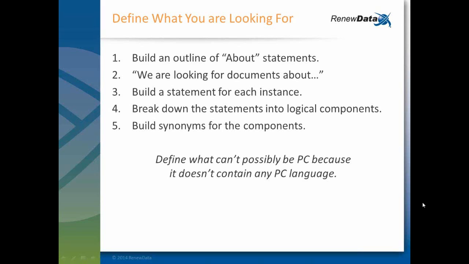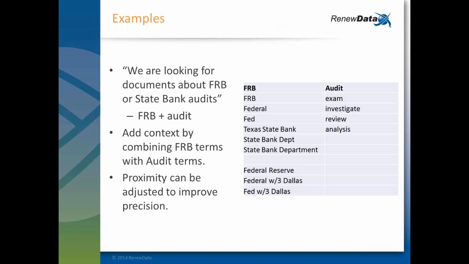But the precision of what you're doing is also very important because you don't want to get bogged down with a lot of false positives: documents that don't really talk about what you were searching for. They have the right word, but it's a completely different context. So the balance between recall and precision is always a challenge.